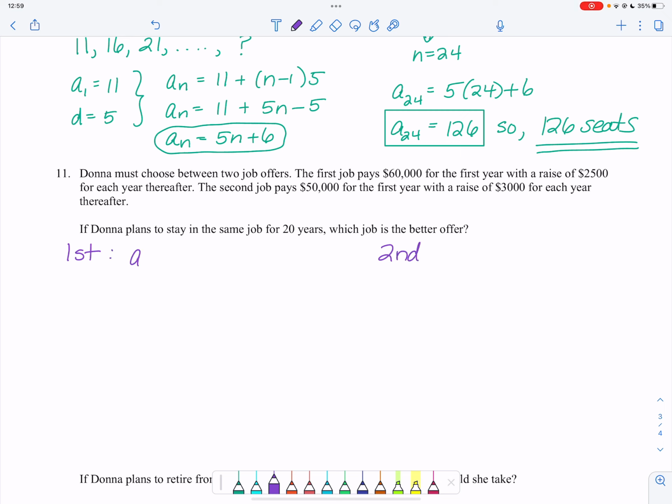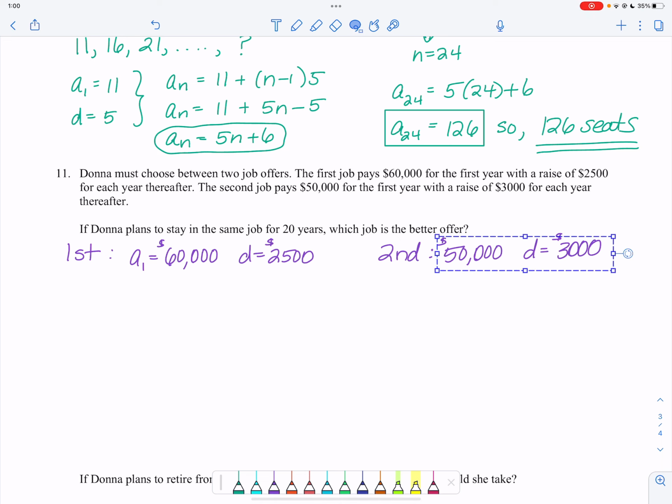And it looks like a sub 1 is $60,000 for this job, and then that common difference is going to be $2,500. Okay, for the second job, it pays $50,000, and that common difference is going to be $3,000. And all of these are dollars. And I should have written a sub 1 here.